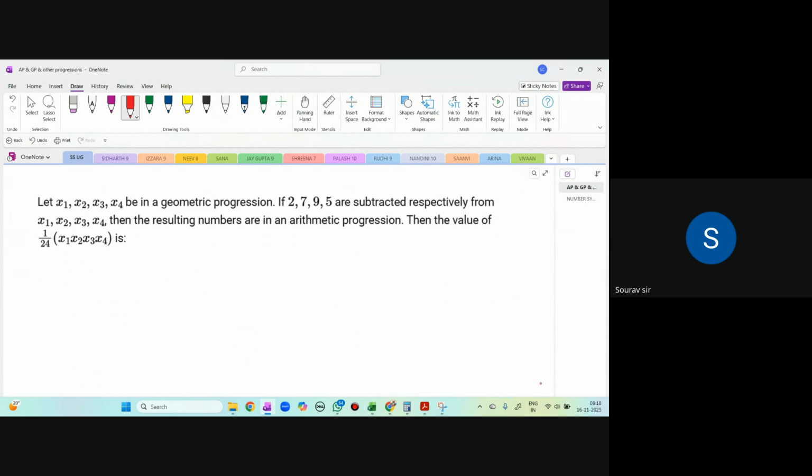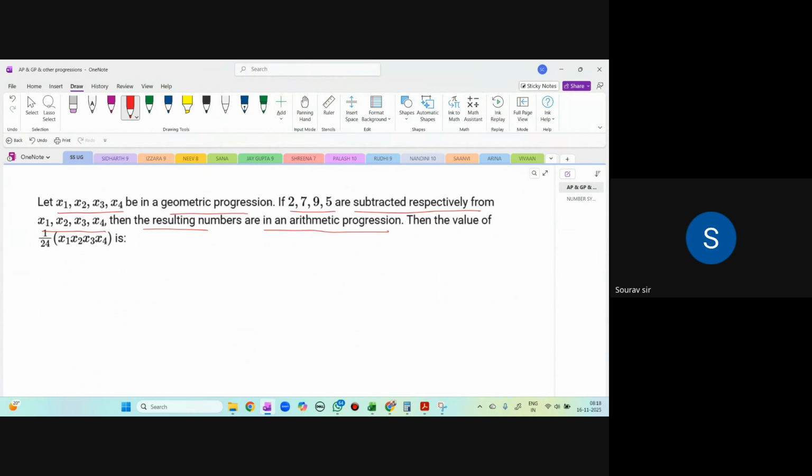Now we take a question which is a combination of AP and GP. So X1, X2, X3, X4 is a GP. If 2, 7, 9, 5 are subtracted from the 4 terms, then the resulting numbers are in AP. So what is the value of 1 by 24 of X1, X2, X3, X4?